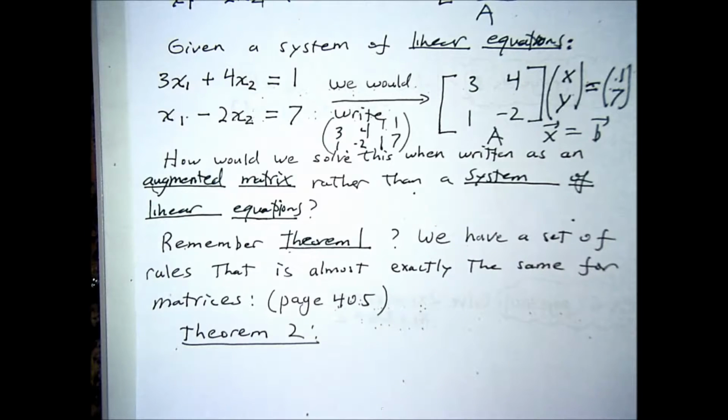We have a set of rules that is almost exactly the same for matrices, and that's page 405. Eventually it should seem redundant, almost, that you would call theorem 1 its own thing, and then you have this new theorem, theorem 2. They're saying exactly the same thing.